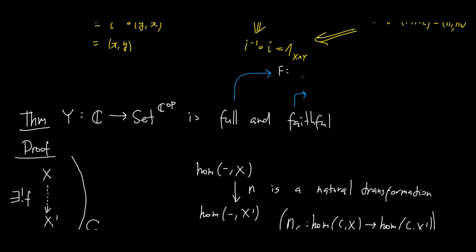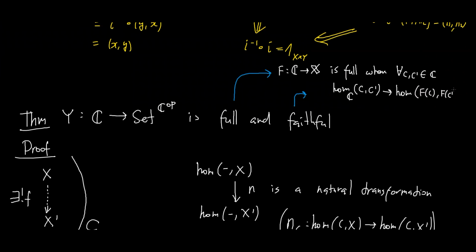A functor f from a category C to a category X is full when for every C and C prime in the category C, the function from hom C C prime inside the category C to hom FC FC prime inside the category X, this function given by mapping an arrow f to the value of the functor at that arrow, is surjective.